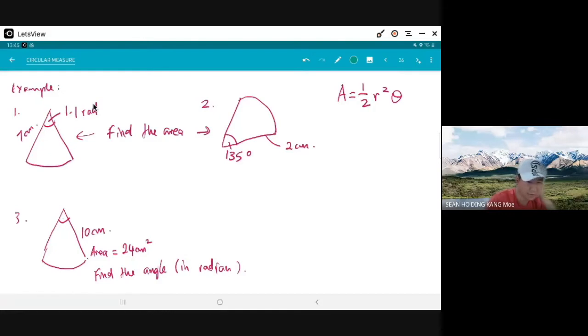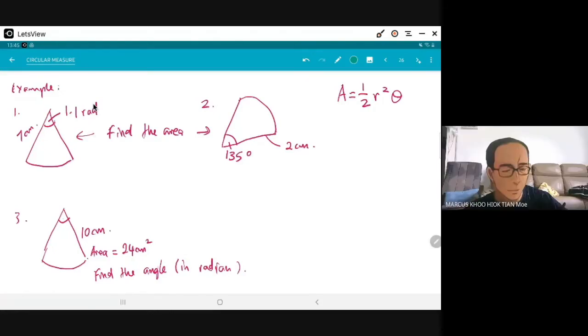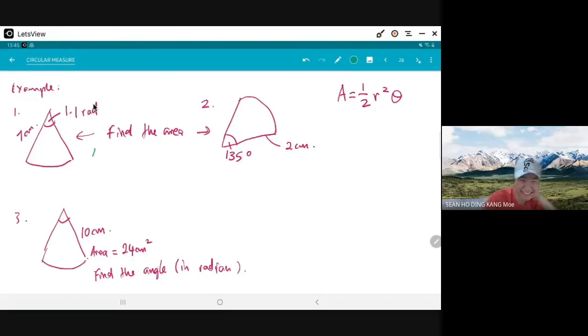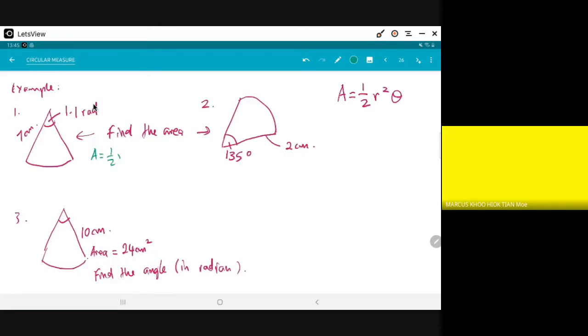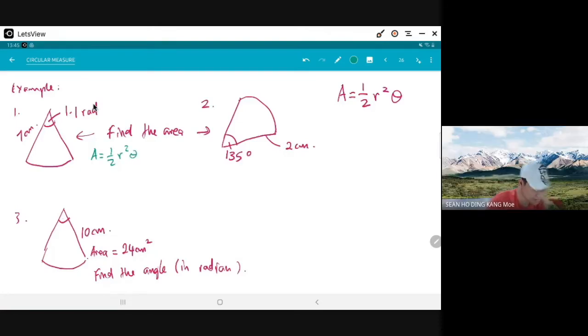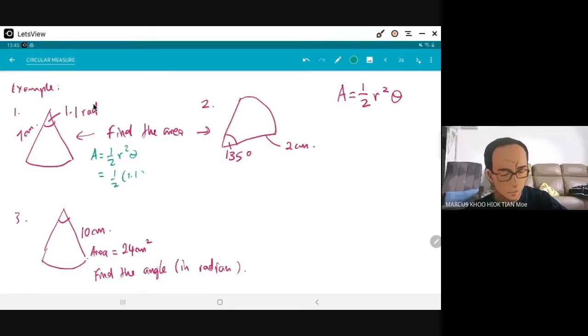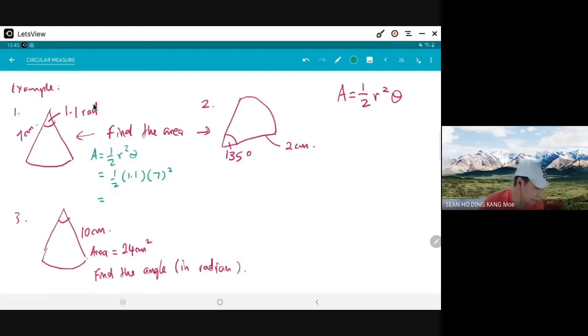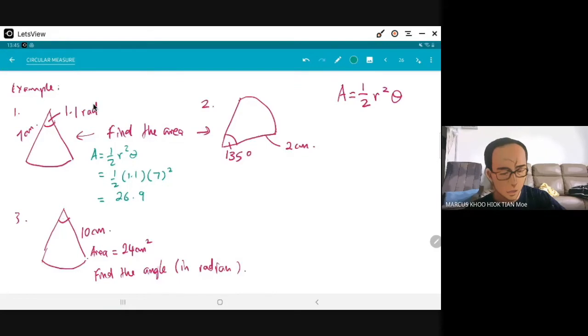Don't just tell me the answer, but tell me the steps. First, I write down the formula. A equals to 1. And then I substitute 1.1 radian, and then the radius. The radius is 7 squared. Final answer? 26.95 cm squared. 3 decimal places, please.